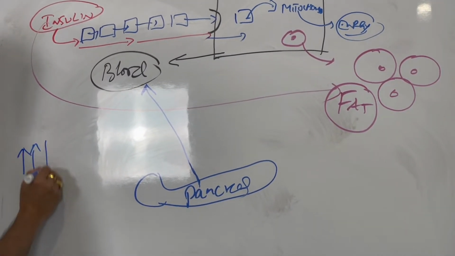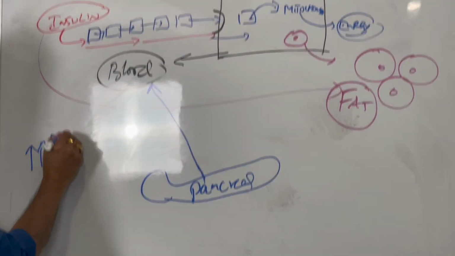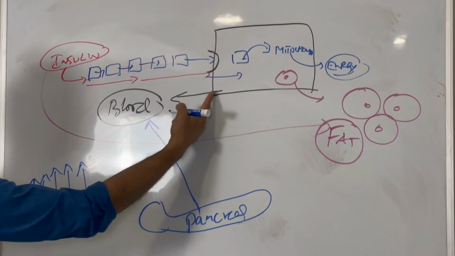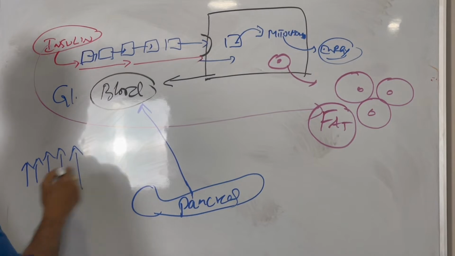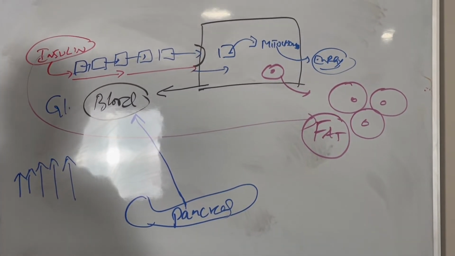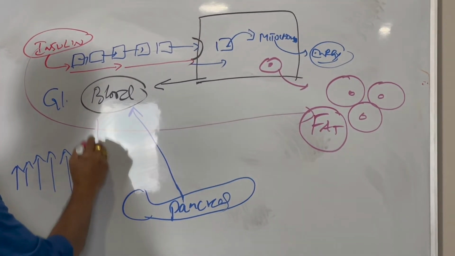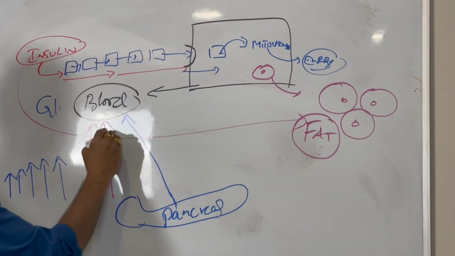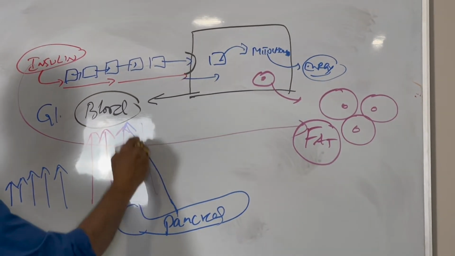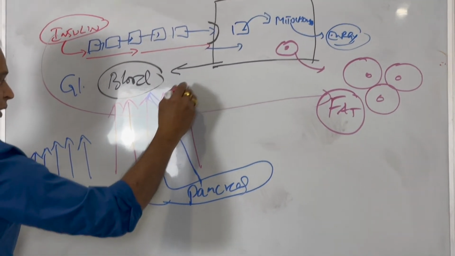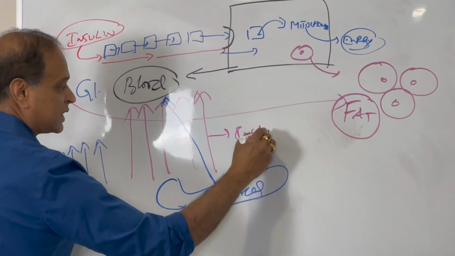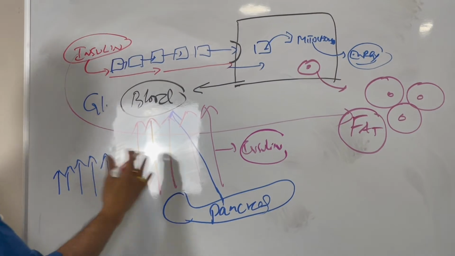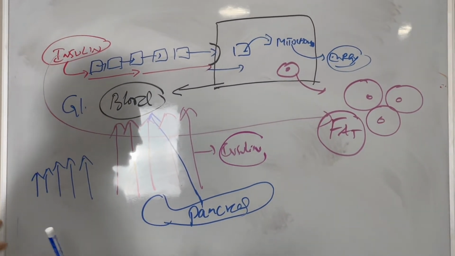So it's like more and more of backup of glucose in the blood will lead to more and more of insulin for the same effect. So that is what is called insulin resistance, the analogy I gave.